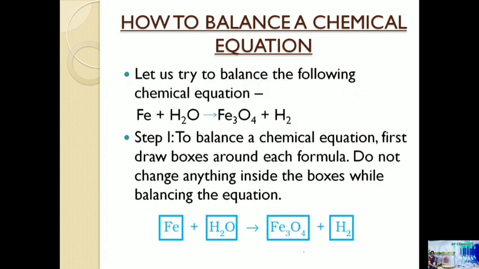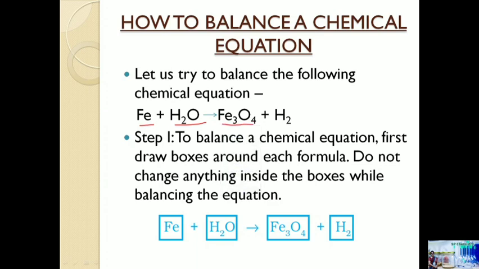But how to balance a chemical equation? Let us try to balance the reaction of rusting of iron. In rusting of iron, when iron reacts with water, it forms iron oxide, Fe3O4. This is ferroso-ferric oxide.